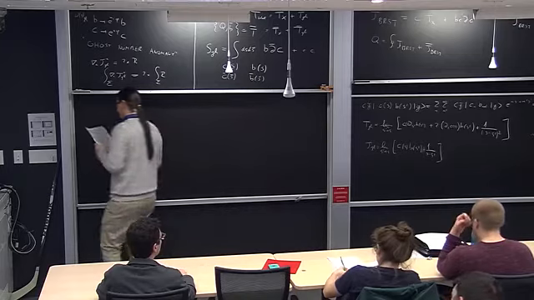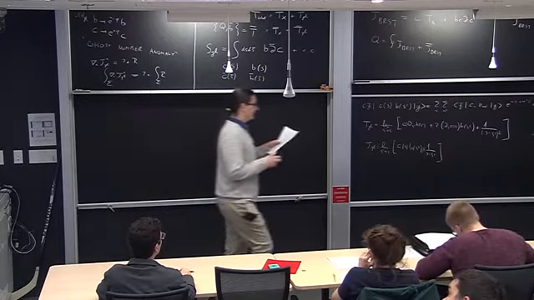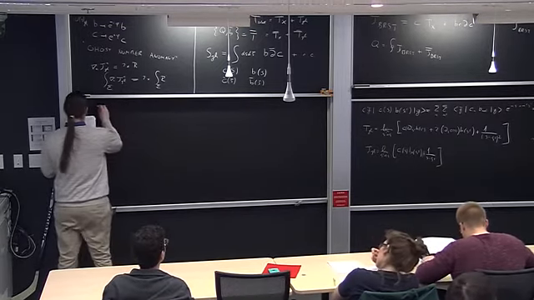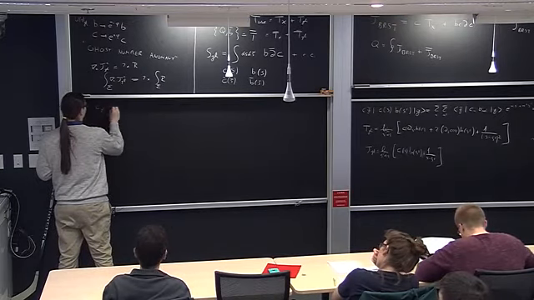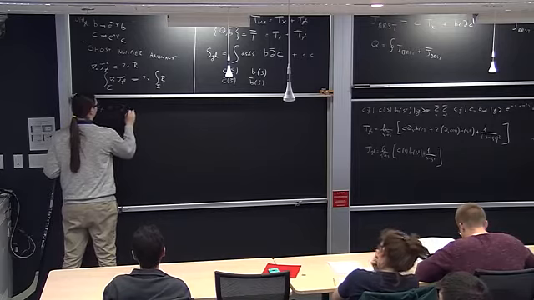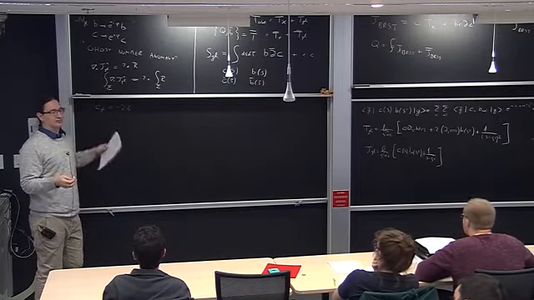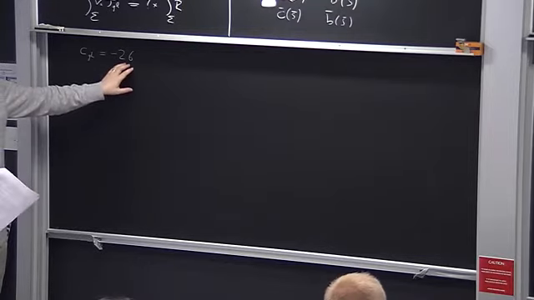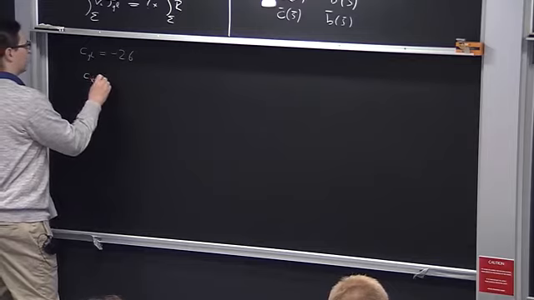It's a somewhat tedious exercise, but it turns out that the central charge of the ghosts is minus 26. So the Virasoro algebra for the ghosts has commutation relations which have an anomalous term proportional to minus 26. Remember that the central charge for each of the X bosons was 1.